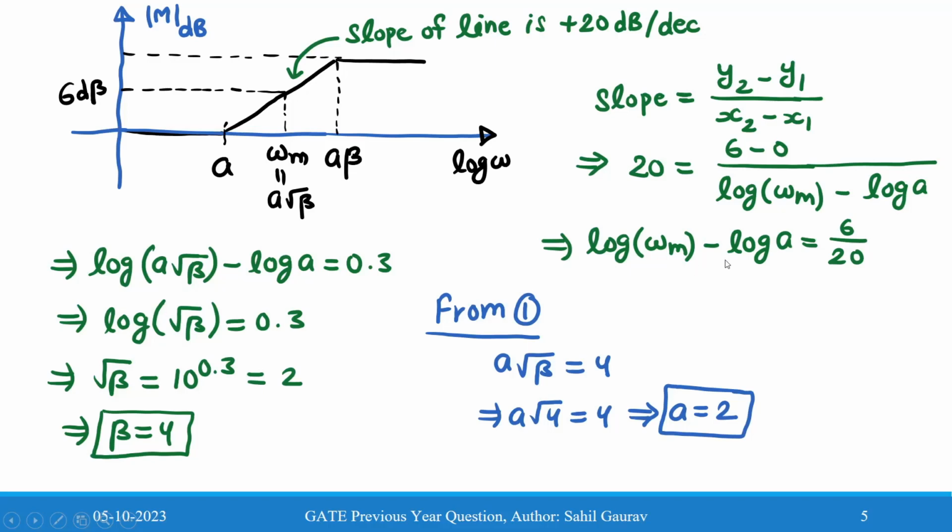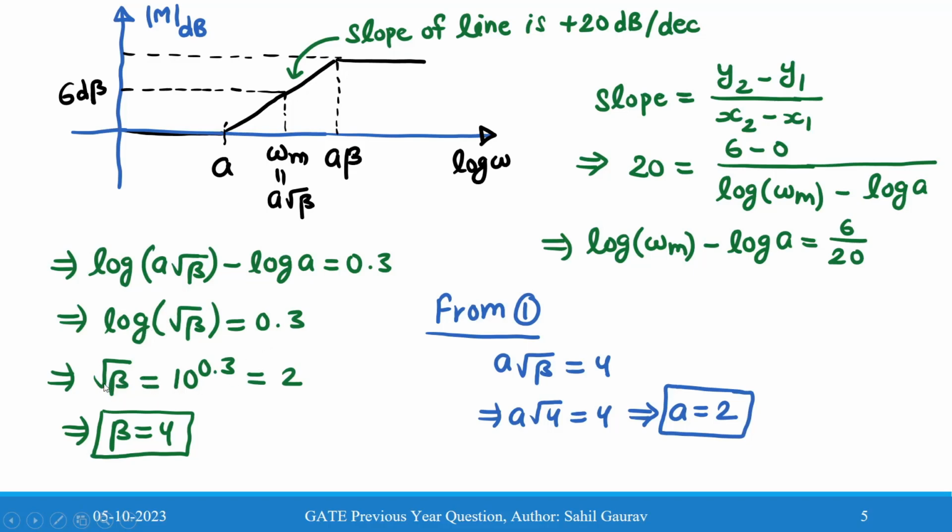Now log omega m minus log a is equal to 6 divided by 20, and 6 divided by 20 is 0.3. Therefore we get log square root beta is equal to 0.3, using the logarithm property that log of a root beta minus log a will be log of a root beta divided by a, so we get log square root beta only.